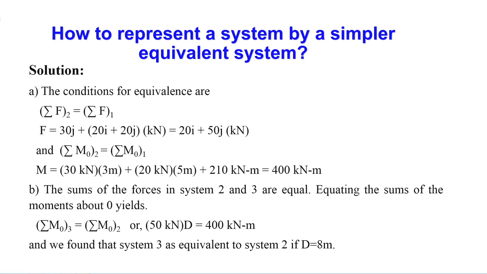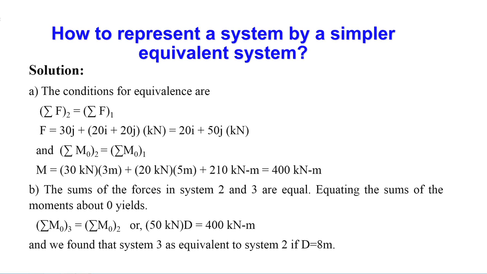And the second condition is that the system 2 moment is m, and that is the sigma of all the forces and moments in system 1. So, if we find out, that is coming around 400 kilonewton meter.